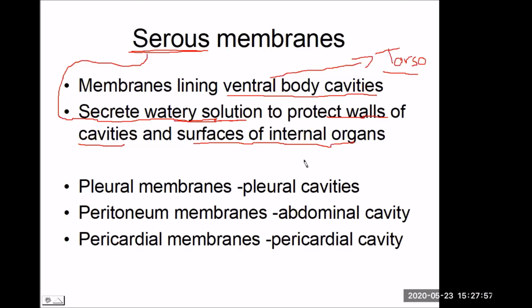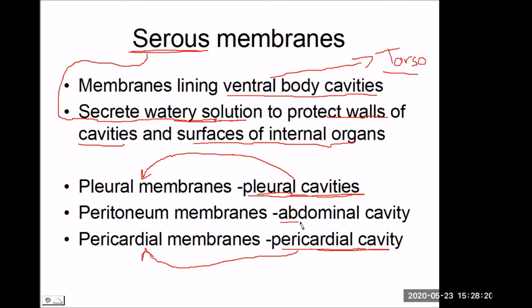But for now, in our pleural cavities, we have what's known as the pleural membranes. In the pericardial cavity, again, the location of the heart, we have the paired pericardial membranes. So you see the name of the cavity and the name of the membrane go together.